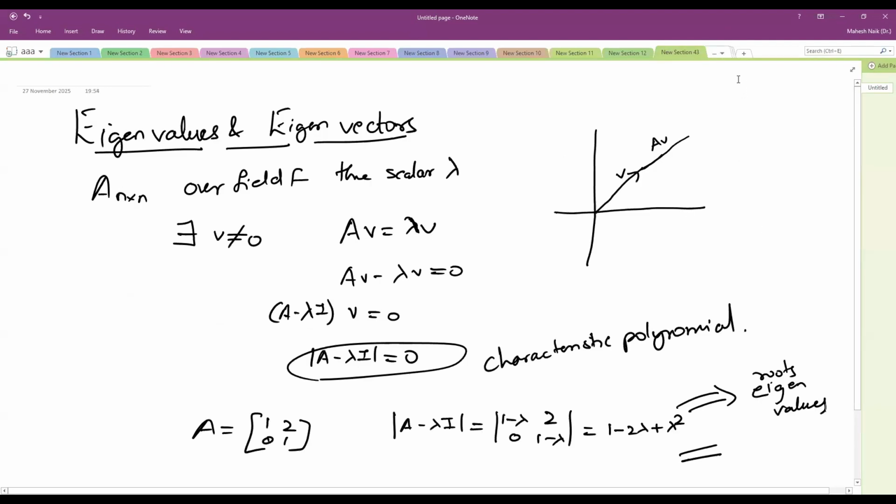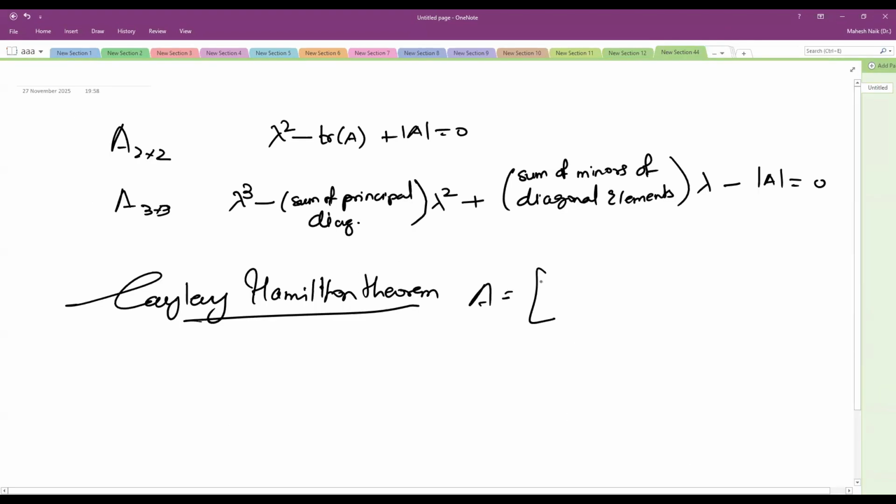So what we saw in the previous case, for this matrix A which was [1 2; 0 1], the characteristic polynomial was lambda square minus 2 lambda plus 1 equal to 0.